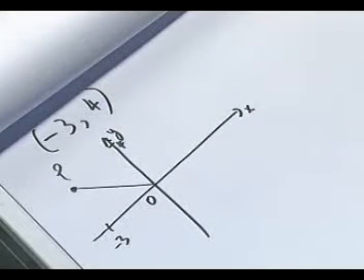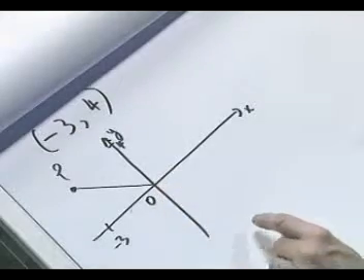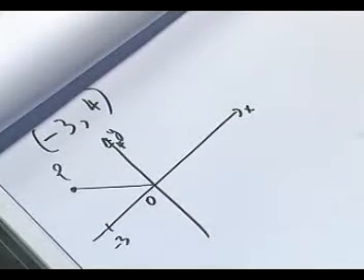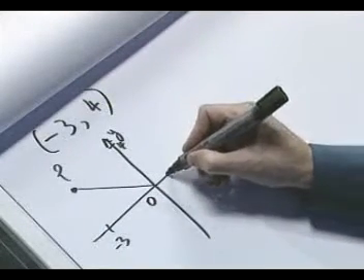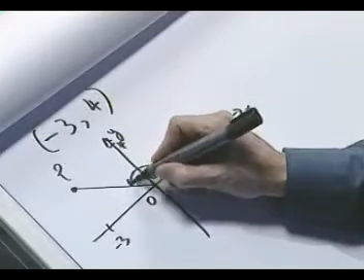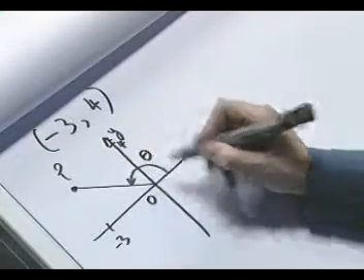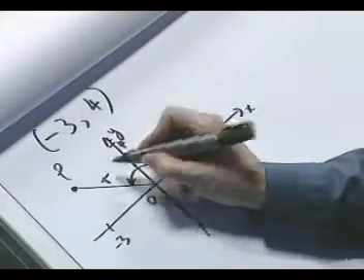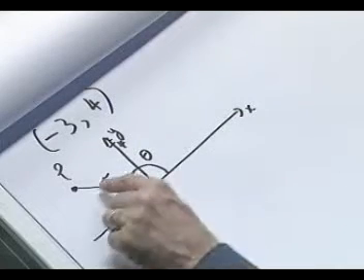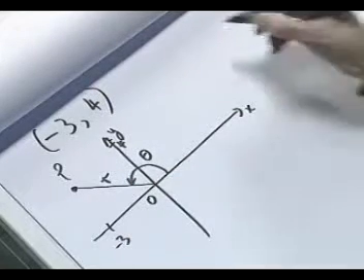There's our point P, and we are after now the polar coordinates for this point. So again, we associate the pole with the origin and the initial line with the x-axis. And so there's the value of theta that we're after, and this OP is the length r that we're after.